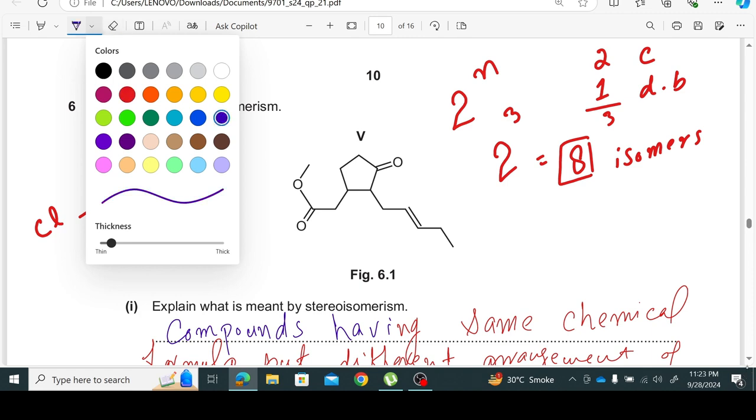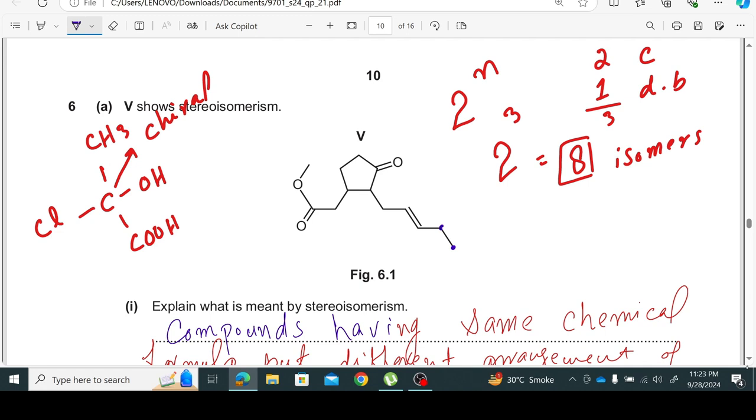Now first we will find the number of carbons. You know it is carbon number 1, 2, 3, 4, 5, 6, 7, 8, 9, 10, 11, 12, and it is 13. Okay, so you can write C13. Now you have to find the number of hydrogen atoms.